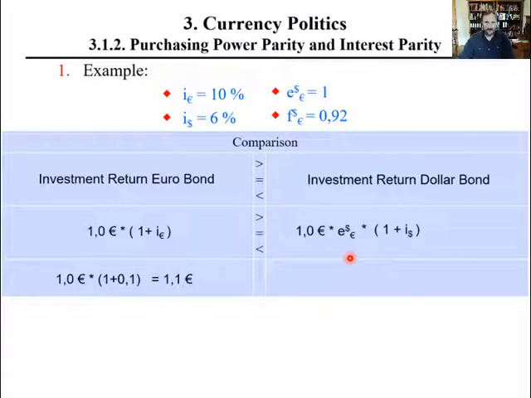Now we have to take care that we receive at the end of the year a dollar payment as revenue. This is not a euro payment. Therefore, we have to convert this amount of dollar into euro with the help of the forward exchange rate.